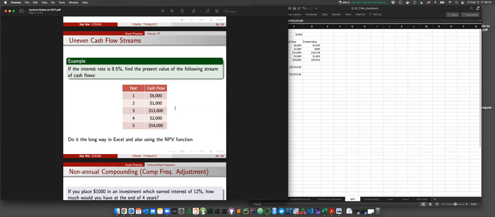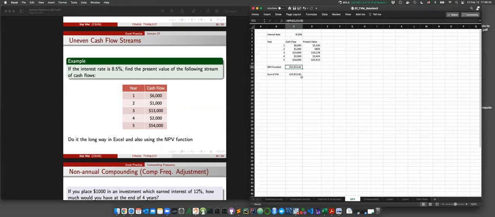In Excel, you have another function called net present value. It allows you to bring this stream of uneven cash flows back to the present.